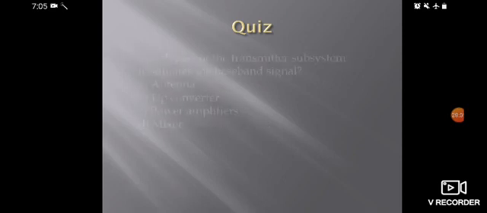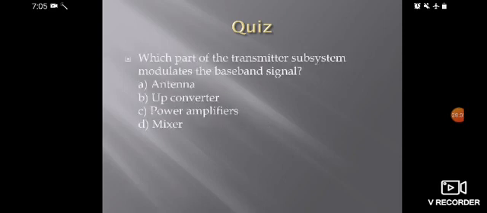And next question. Which part of the transmitter subsystem modulates the baseband signal?